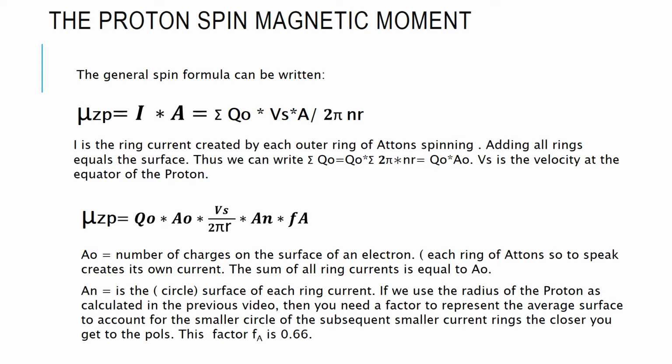So the assumption here is that the number of atoms that produce the opposite positive charge on the proton have to be the same number. That leads to the equation Q0 times A0, A0 being the number of atoms on the surface of an electron, which would then produce, if they are positive atoms, the positive charge of a proton, times the rotational speed, times the area underneath the half of the sphere of a proton, times a factor.